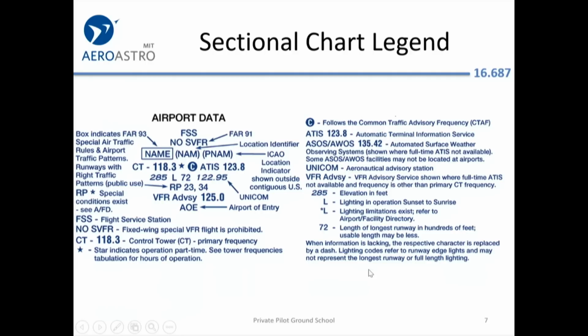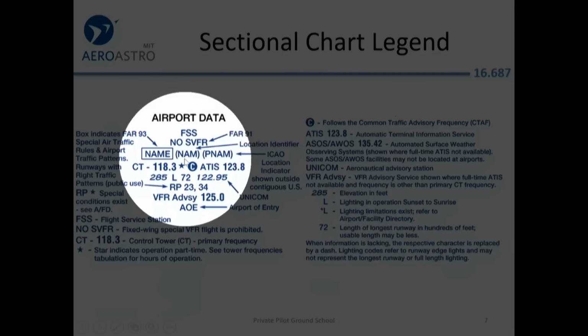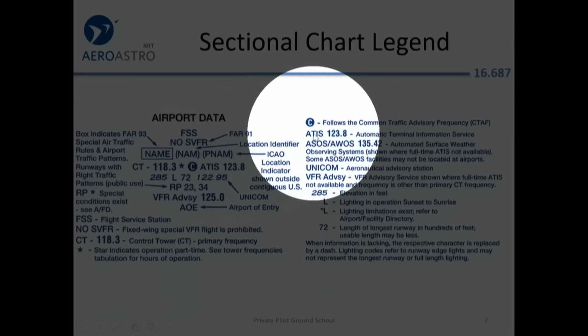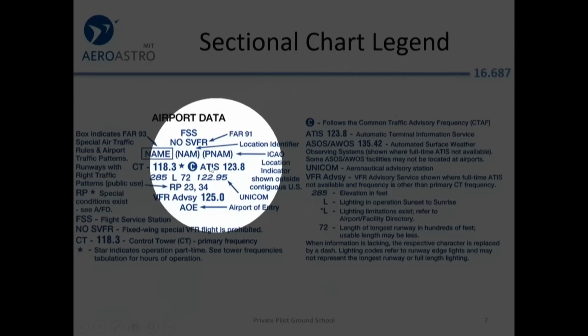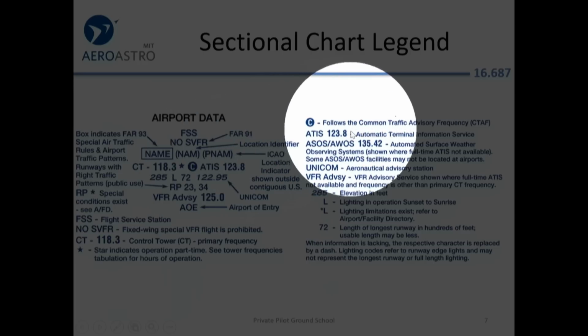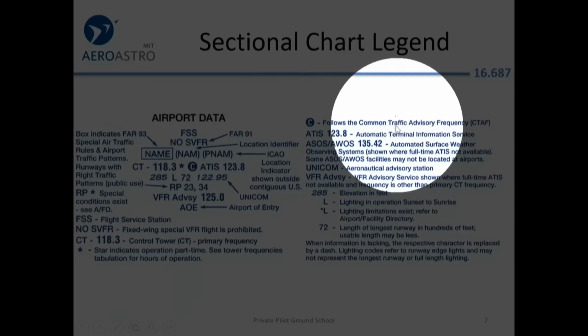So this is the chunk of text, numbers, and letters that you would see on a sectional chart. And then over here, it explains what they are. So you can see what each thing is. ATIS over here is nicely defined so you don't have to memorize anything.